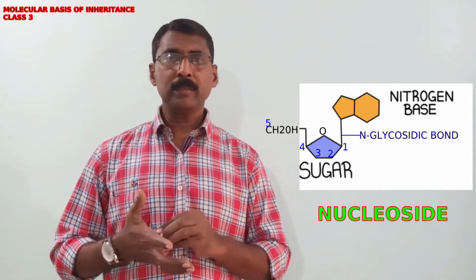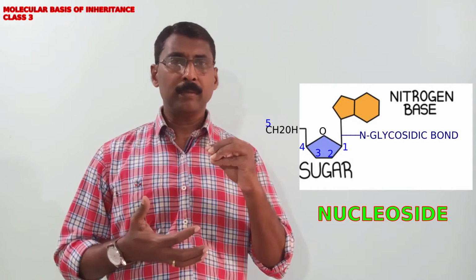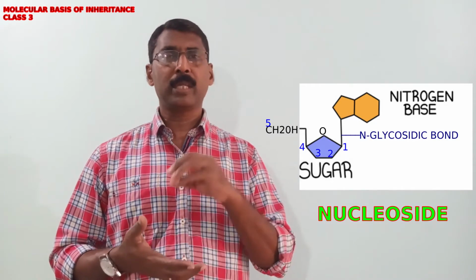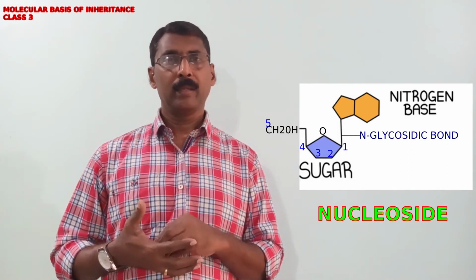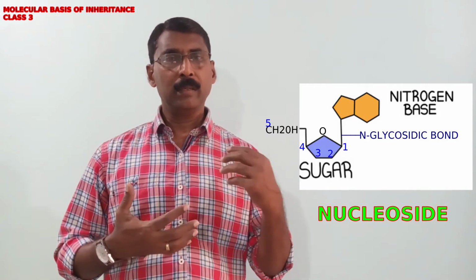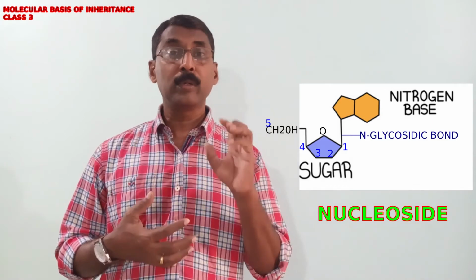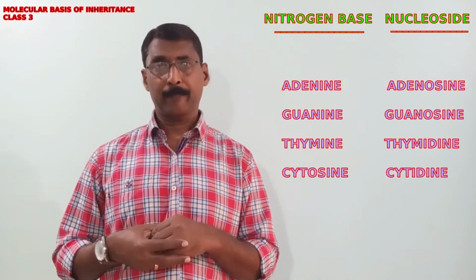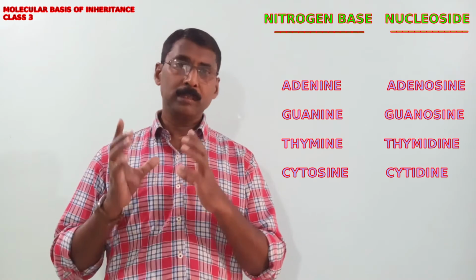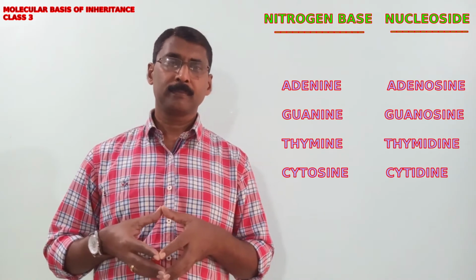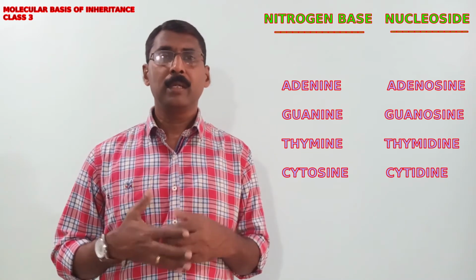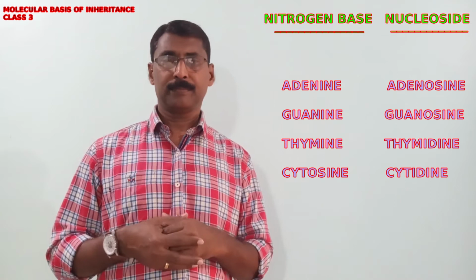Based on the type of nitrogen base combining with the deoxyribose sugar, there are four different nucleosides. If adenine is the nitrogen base combining with the sugar molecule, the resultant nucleoside is adenosine.